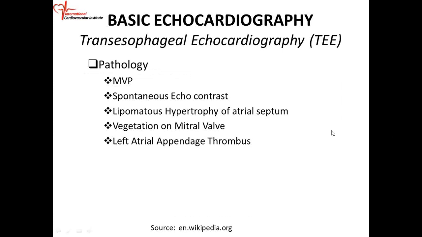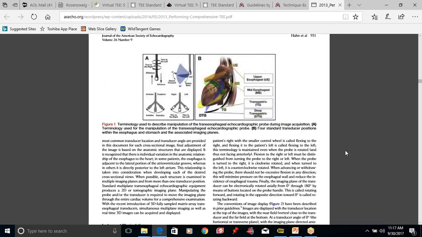What I'm going to do is, okay, this is the American Society of Echo training session, or teaching session, for transesophageal echo. So again, the probe is in the esophagus, which lies just behind the heart, and you can image the heart.